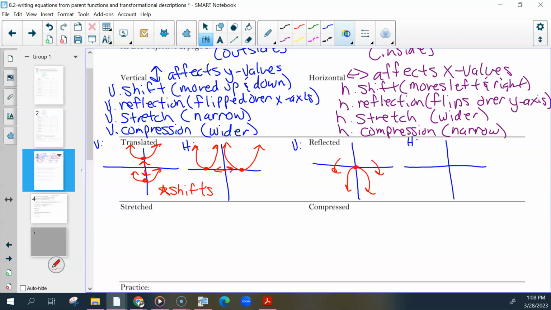So the other arrows kind of show that it went downwards. For a horizontal reflection, you don't see it unless there is a shift. So it's going to look the same, but it kind of went like this, flip around it. Do that to the best of your ability. And I'm going to make a note that we wouldn't see this unless it was shifted, so it must have a shift to be seen.